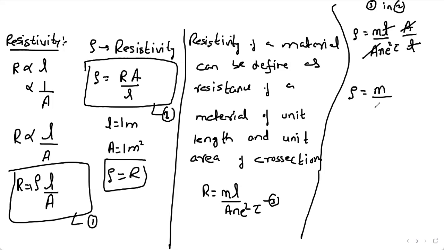Resistivity is m by n e squared tau. So you can see there is no length or area of cross section. It's absolutely independent of length and area of cross section. So resistivity is independent of length.